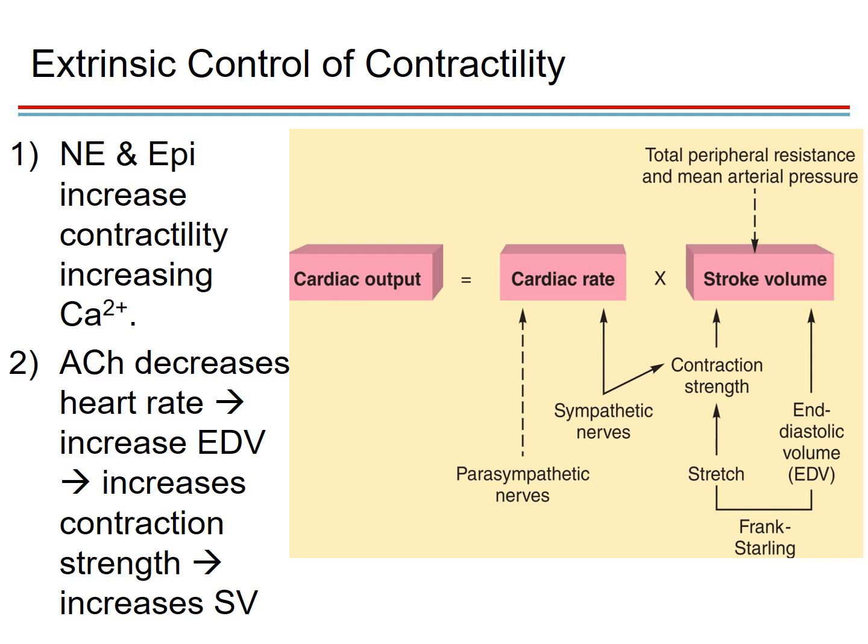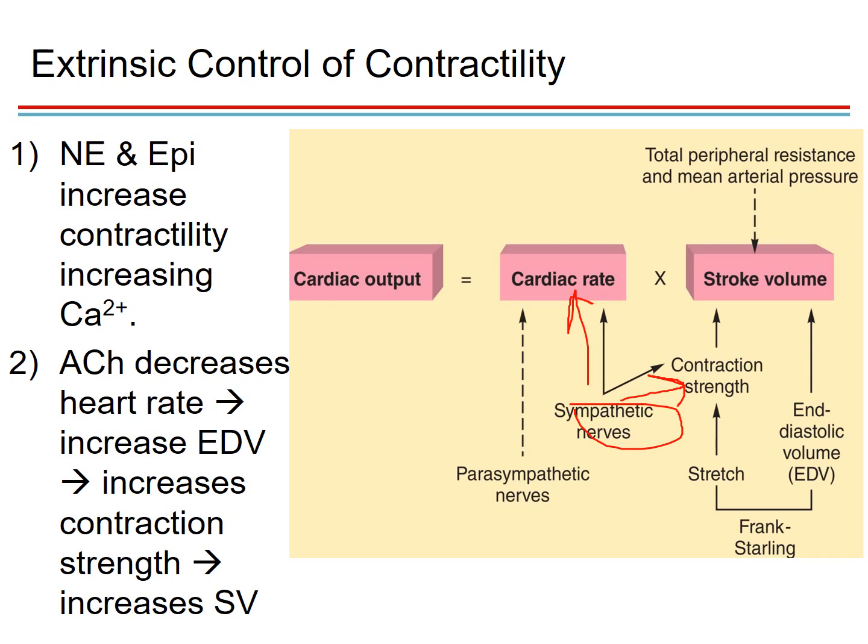So if you remember from earlier, where norepinephrine and epinephrine have a positive chronotropic effect, they also have a positive inotropic effect, where the calcium available is increased from the sarcomeres. And so again, this increases heart rate. And so here we have sympathetic nerves are going to increase our cardiac rate. So again, that positive chronotropic effect. But it also has an increase then in contractile strength of that ventricle.